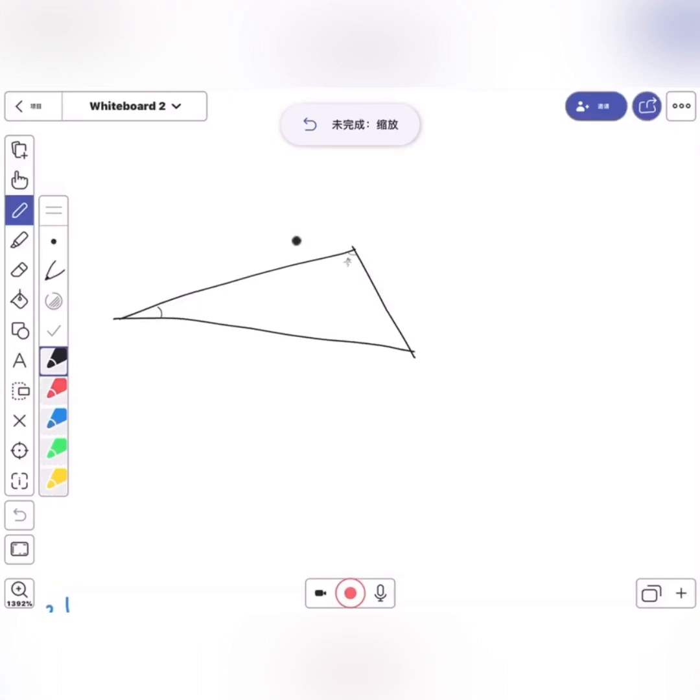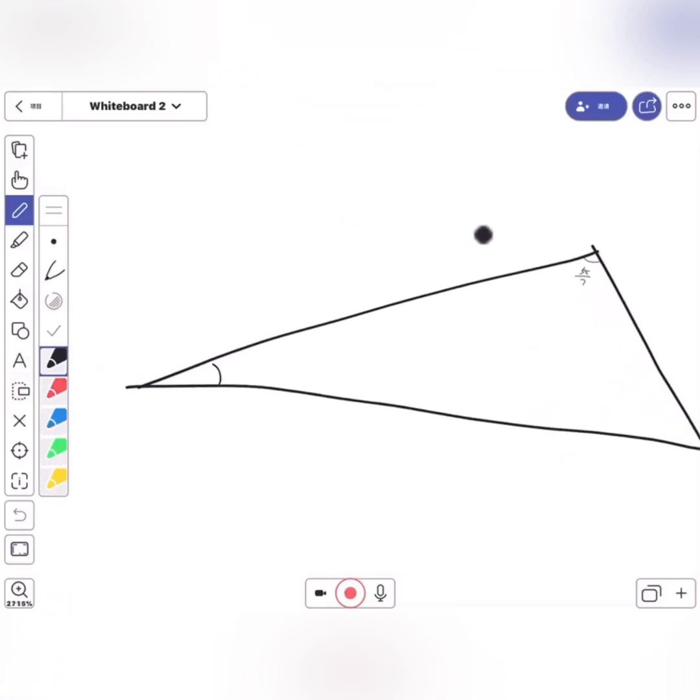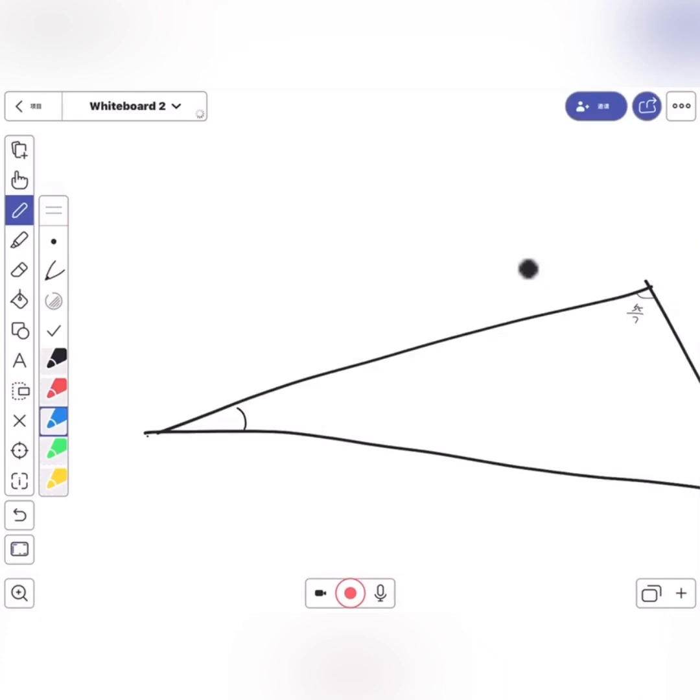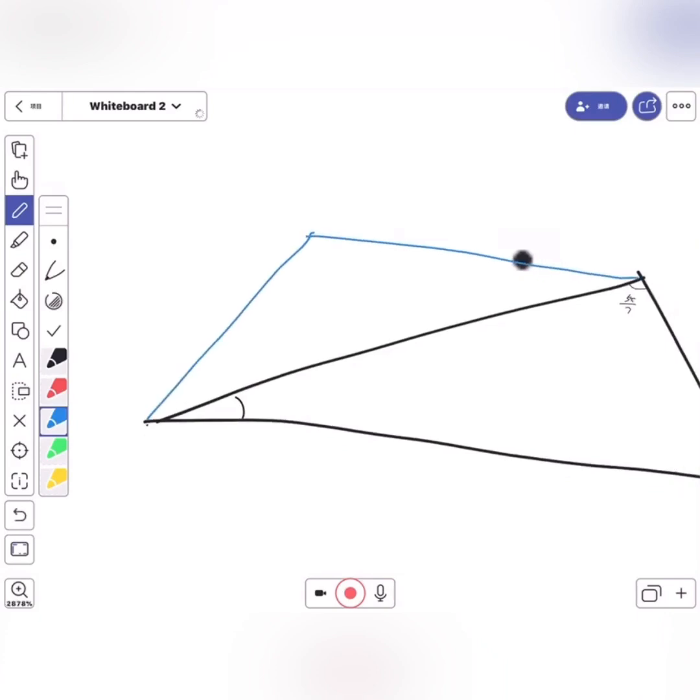So therefore, we can in fact complete this trapezoid.